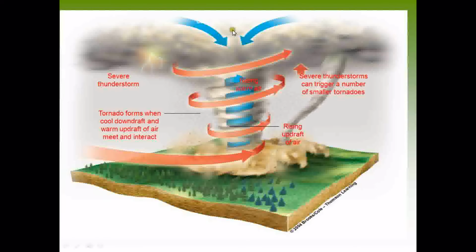And then cold air will fall. And the cold air falls inside of this cyclonic action. And so then you've got warm and cold air colliding inside of the cone all the time. And because of that, it's very, very violent. And there's lots of energy inside of this funnel. You can see the funnel right here.